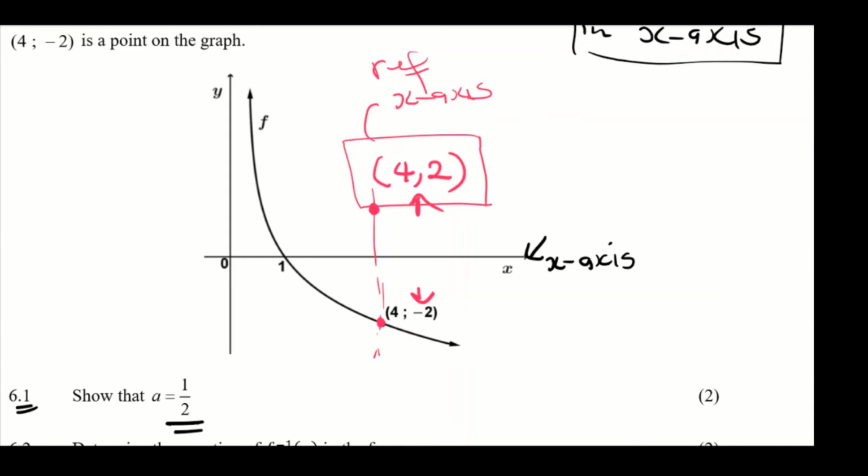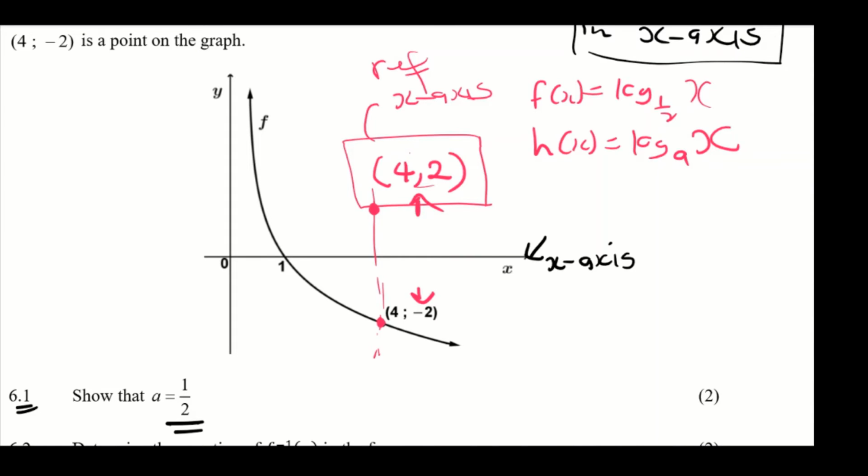You're going to use them to find the equation of h of x, right? So remember that our f of x was equal to log base 1/2 of x, right? But now, since we're having this reflection, we can simply say our h of x is equal to log base a of x like this, right?